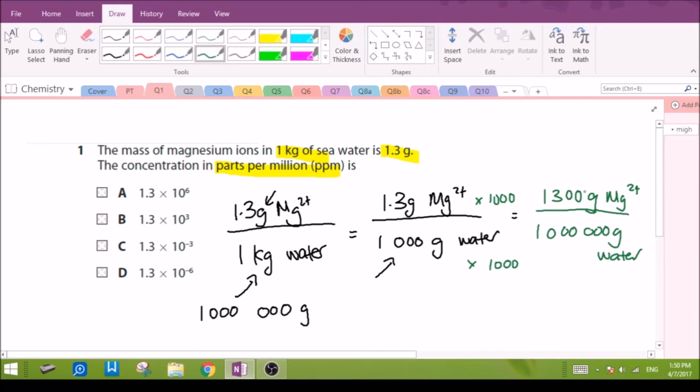So this is what we are aiming for: 1300 parts per million. Looking at our options, option B is 1300 parts per million.